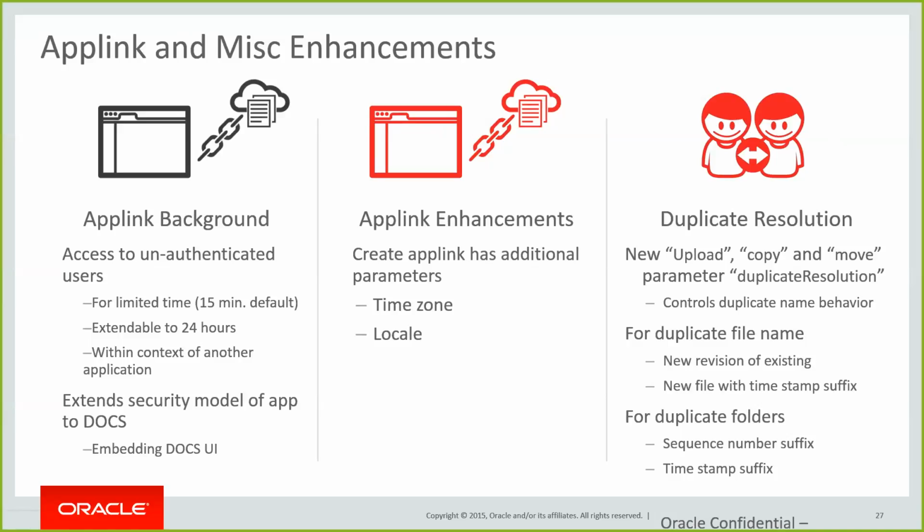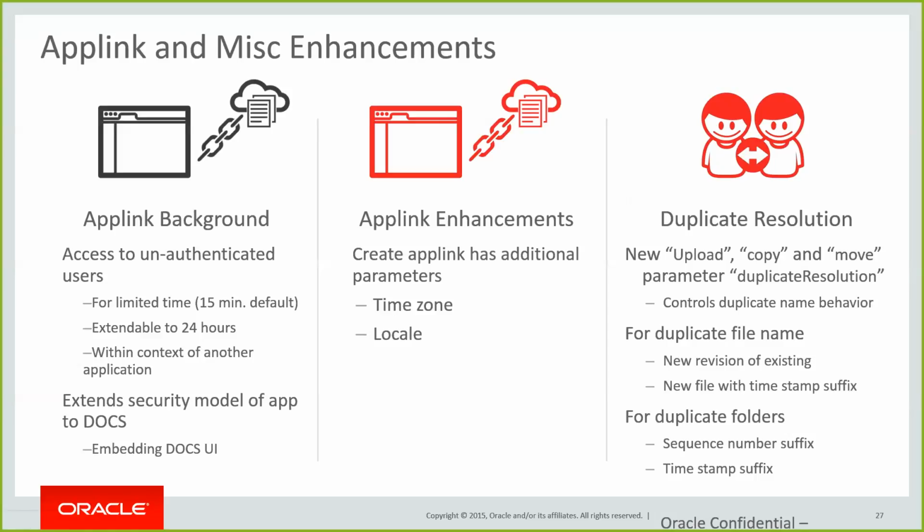The first token that I receive will allow me to access that folder for 15 minutes. The extension token allows me to access that folder for up to 24 hours. So basically, these are the elements that are returned by an app link call: the URL for that folder and the security tokens.